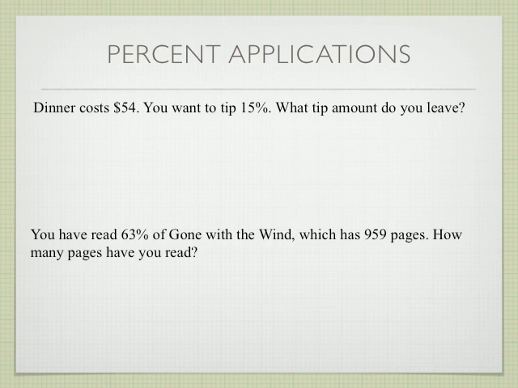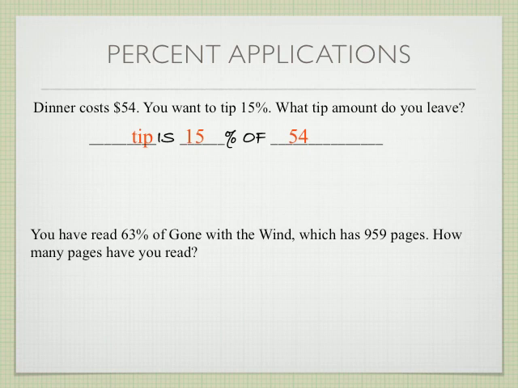Dinner costs $54. You want to tip 15%. What tip amount do you leave? Again, we're going to fill in the blanks. Okay, the 15 is going to go in that percent blank. That's going to be easy. So my tip is 15% of 54. Does that make sense? Look at it and read it. Make sure that it makes sense. The tip is 15% of dinner, which is $54.